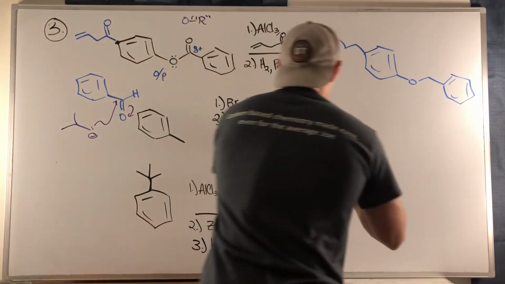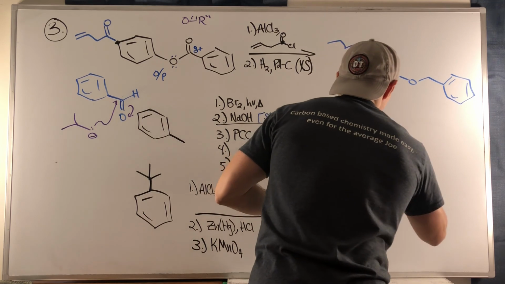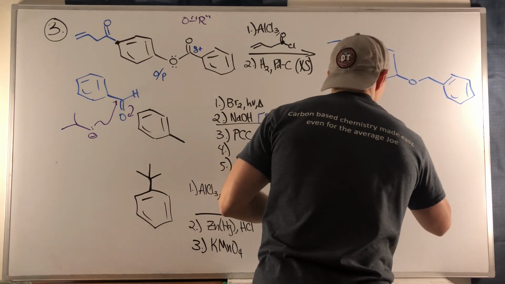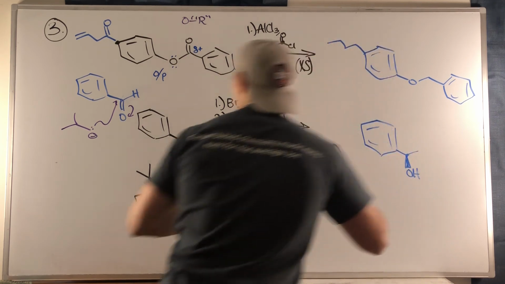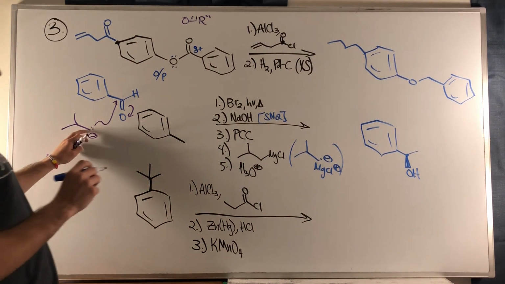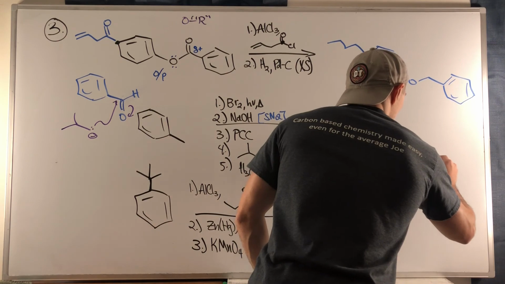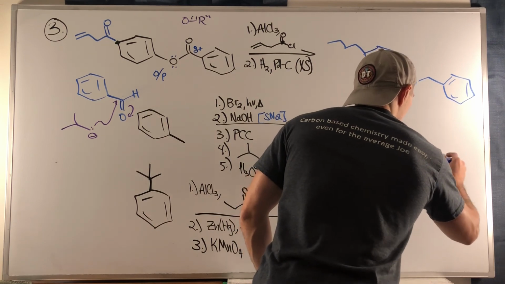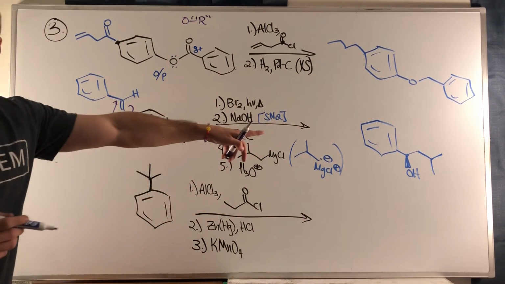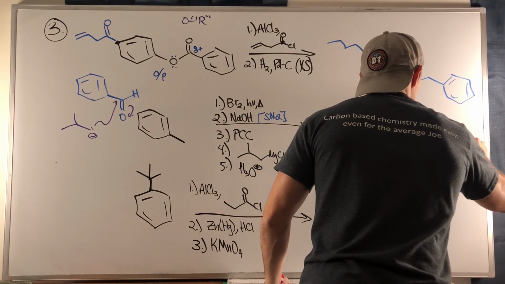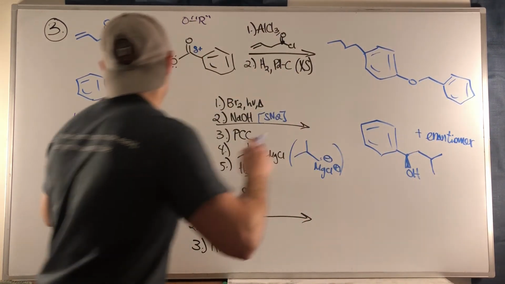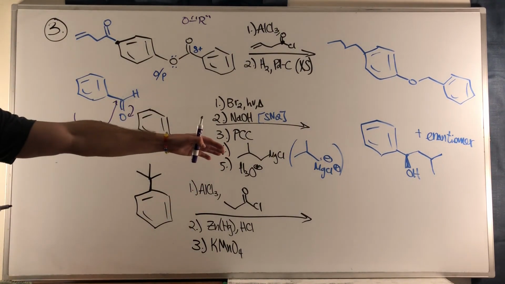So the product we get here, and it doesn't matter if you draw wedge or dash, I'm going to choose to draw the wedge, OH. And remember, then I have to attach this carbon. So you can see here, my 4 carbons right there. I have my OH, and remember, take care to write a plus enantiomer because the only stereocenter present is the one we created in equal amounts, right?